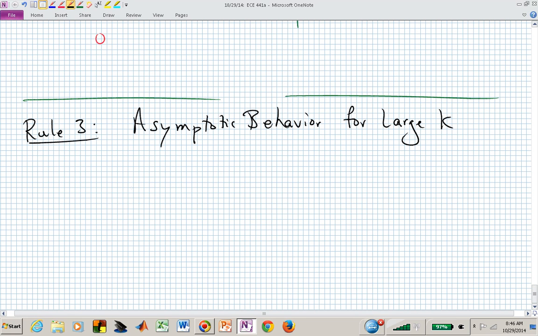And I'm going to assume if P represents the number of poles and Z represents the number of zeros, that the poles and the zeros are not the same value. I have more poles than zeros. So D of S is going to be of higher order than N of S.